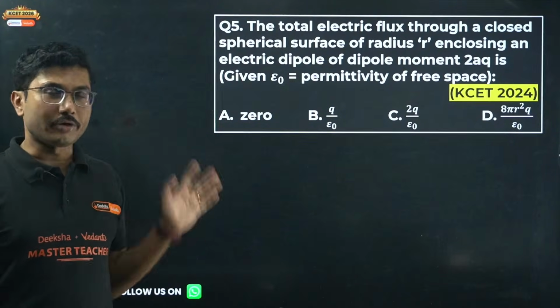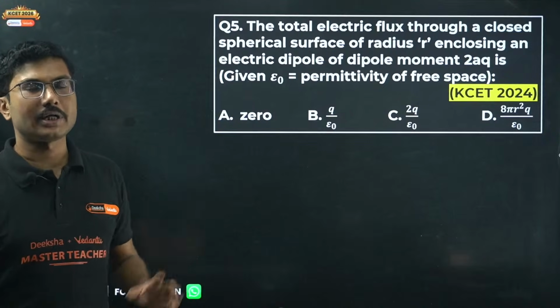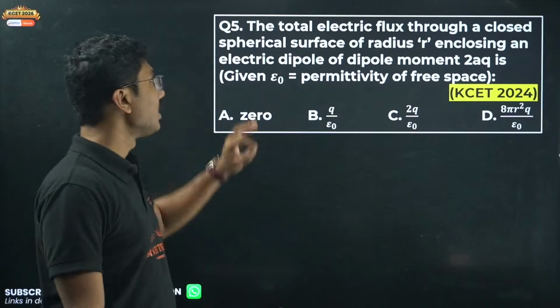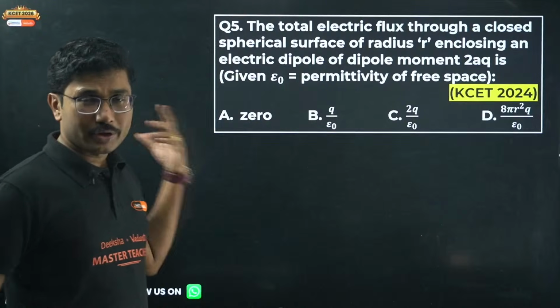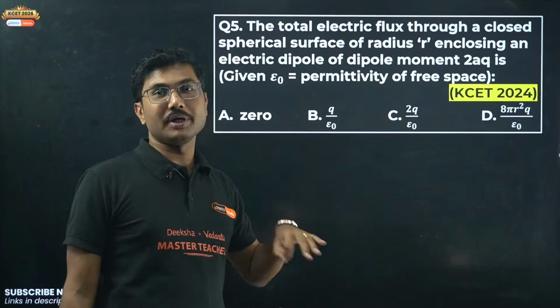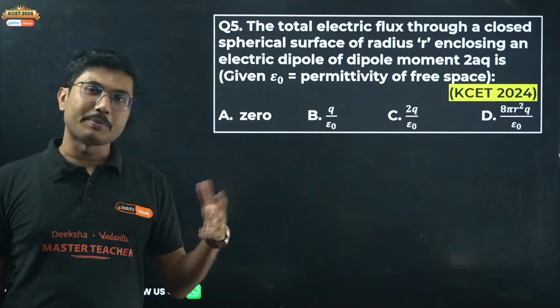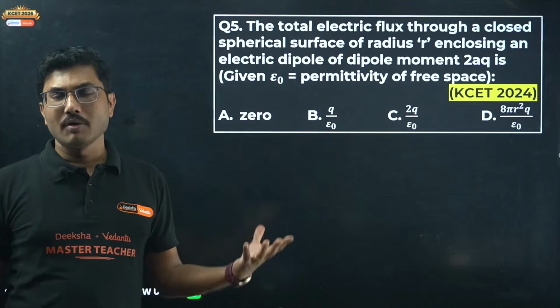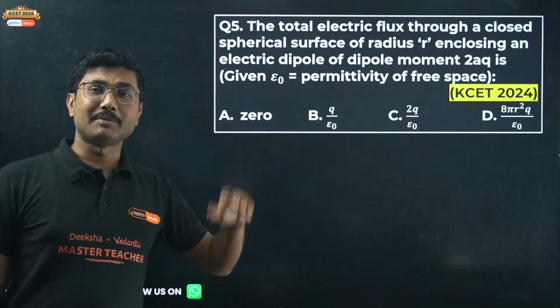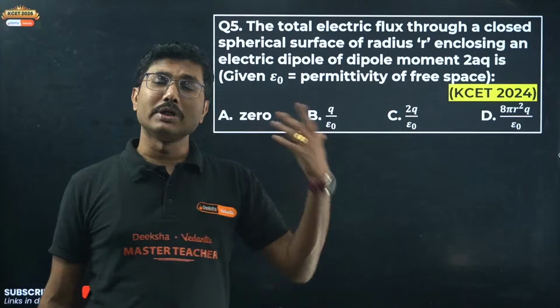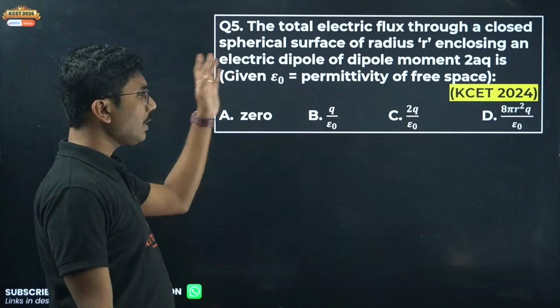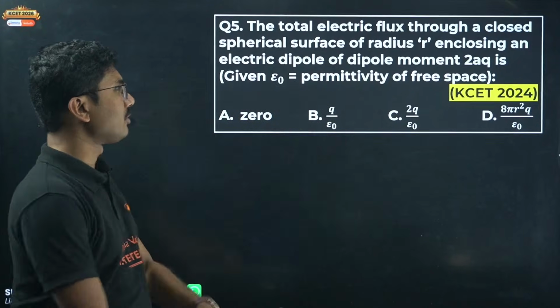So Gauss's law is one of the most important concepts for your KCET preparation. But don't only study Gauss's law, because from year to year the weightage of topics changes. Some year 3 questions came from Gauss's law, next year 2 to 3 questions may come from another concept. But in 2024 also this question is based on Gauss's law.